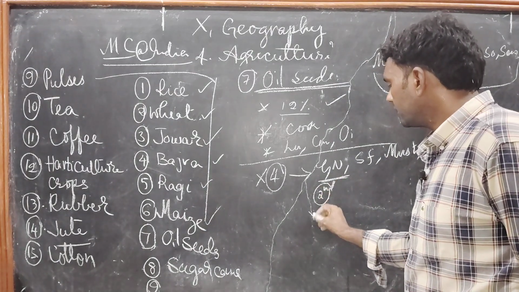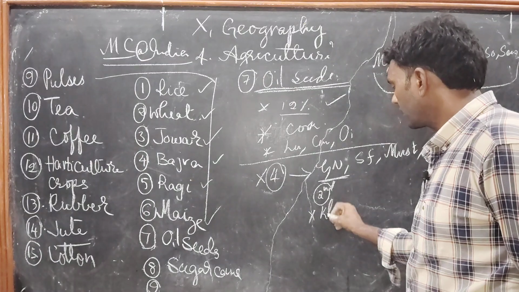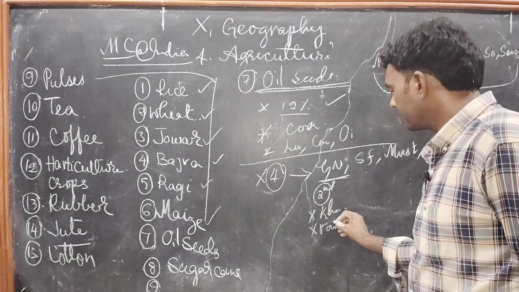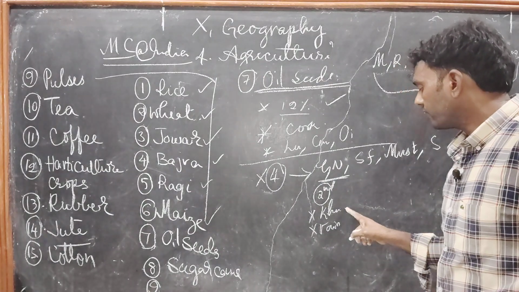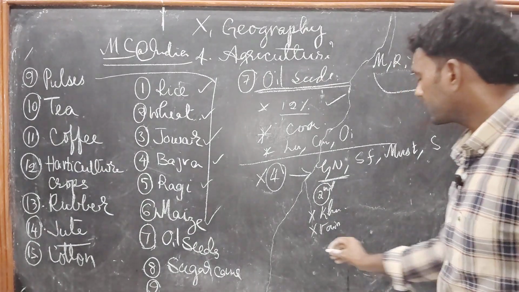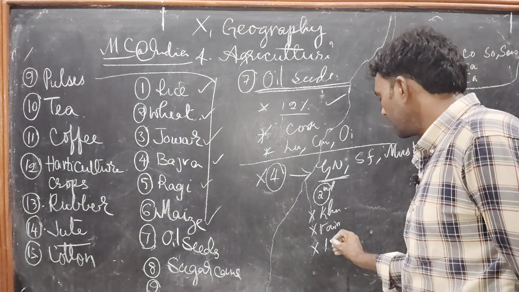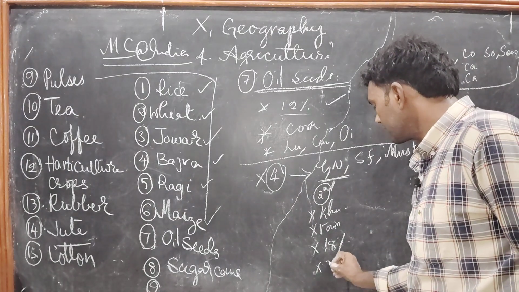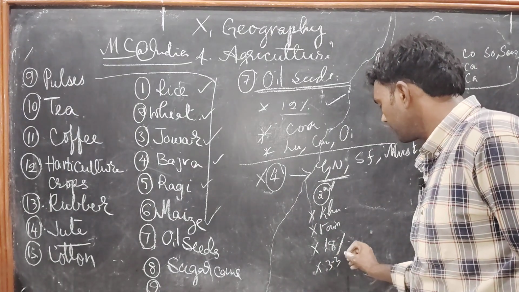It is a kharif crop, and it is rain fed. It has an 18% share in the world, and India's cultivated land for it is nearly 3.3%.